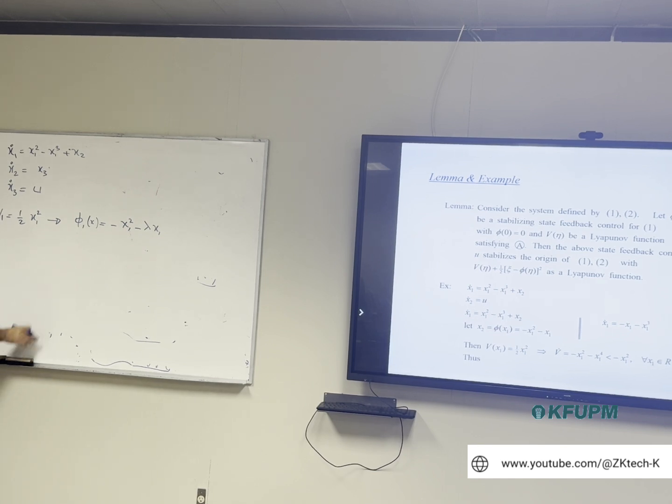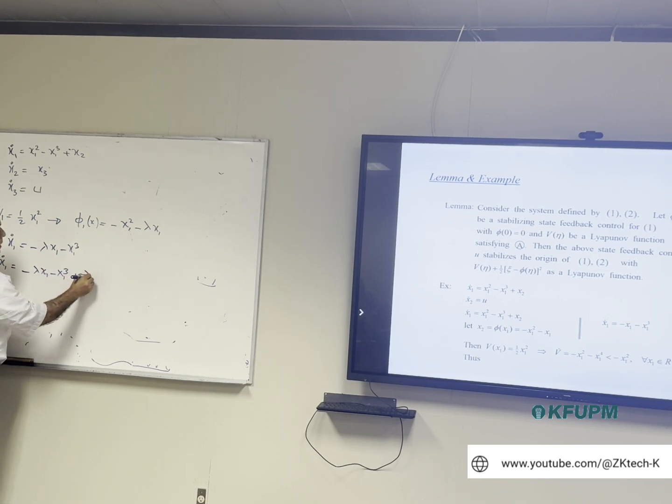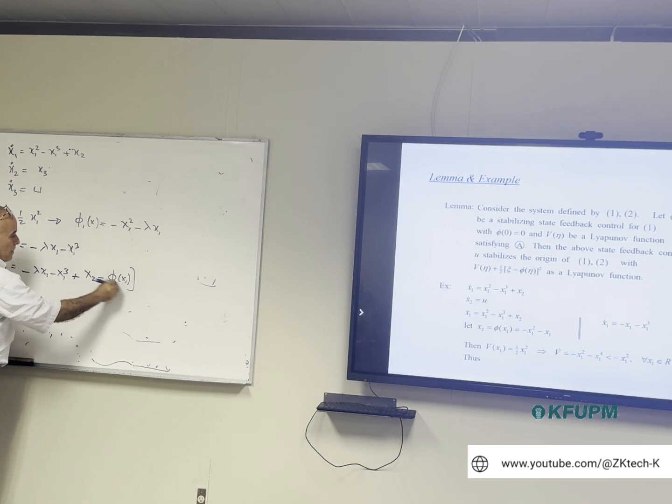So if I replace this phi 1 in this first equation, I'm going to get x1 prime equal to minus lambda x1 minus x1 cubed, which is stable. So I go back to this first equation and I will add and subtract. I will have minus lambda x1 minus x1 cubed, like what we did in the previous one, plus x2 minus phi 1 of x.